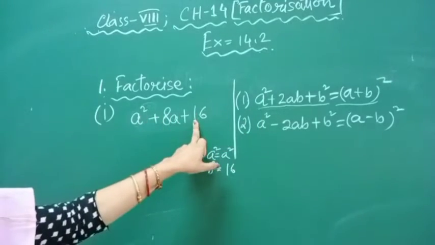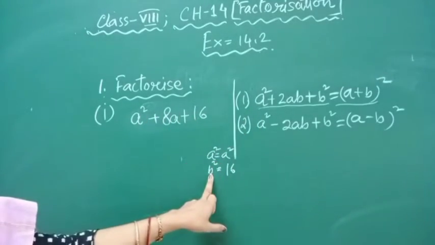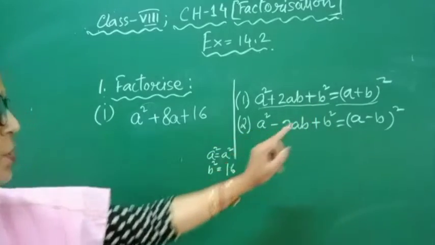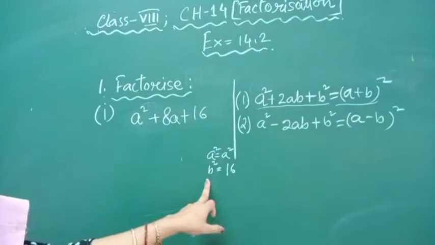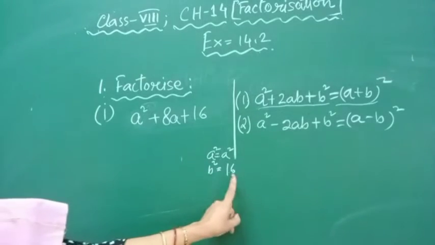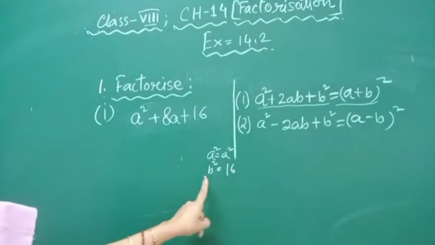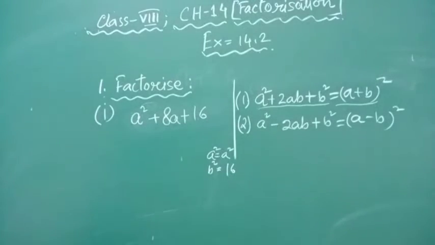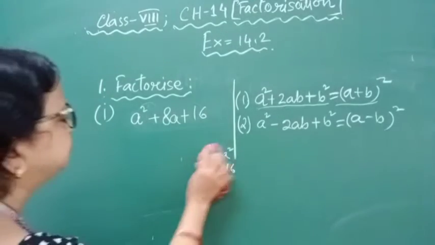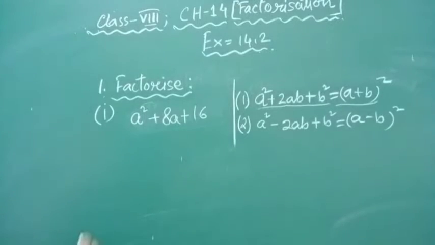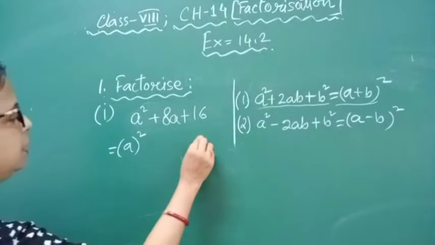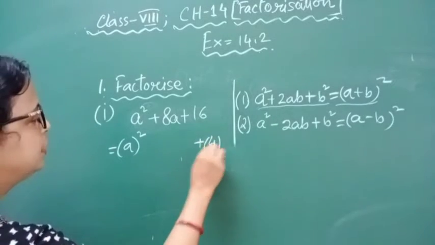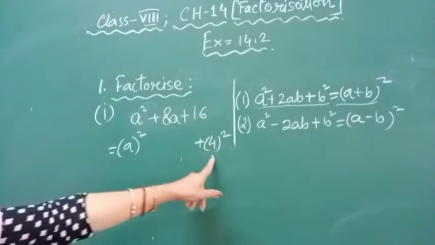And the last term, that means the third term, which we need to express as b square, is 16. So can I write b as 4? b into b, 4 into 4. Can you remember? So b square is equal to 16, so b must be 4. Now I want to see if I express the sum in this way: a square and 4 square, that means this is our a and this is our b.